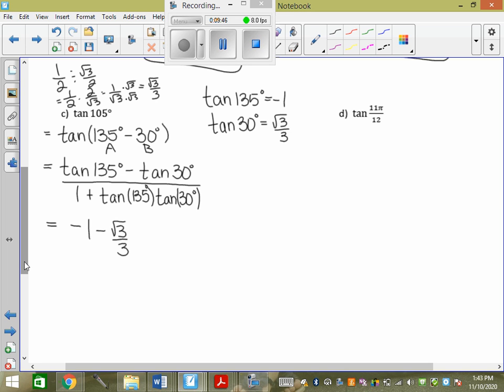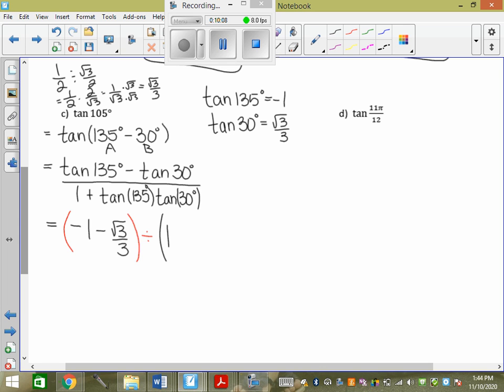And immediately I have a fraction in my numerator, right? So when I have a fraction in my numerator, I write it in its own brackets, and I write the numerator side by side to my denominator. So if I get a fraction in my numerator or in my denominator, I write them side by side. So I'm going to get negative 1 minus root 3 over 3.